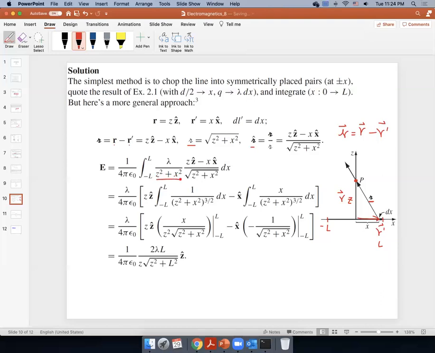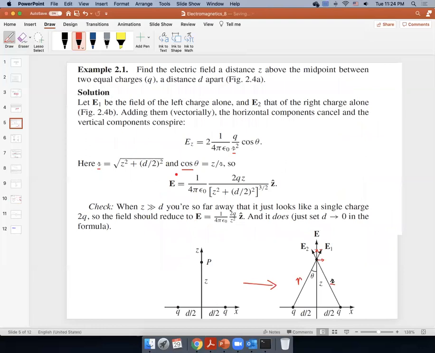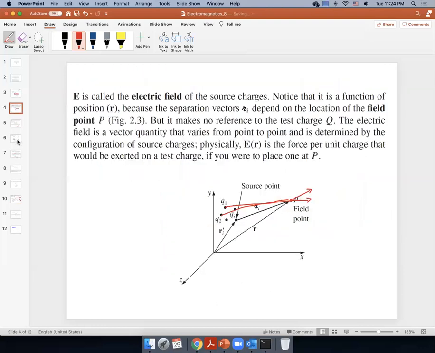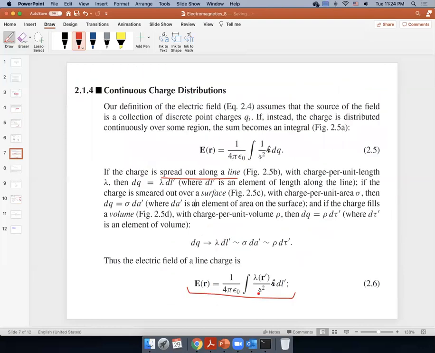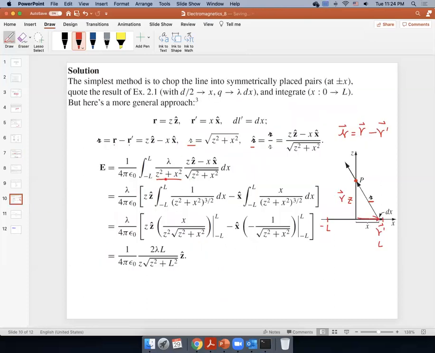So this is r squared as shown here. Here you need r squared. And this is the r direction. And then dl prime becomes dx. That's easy.